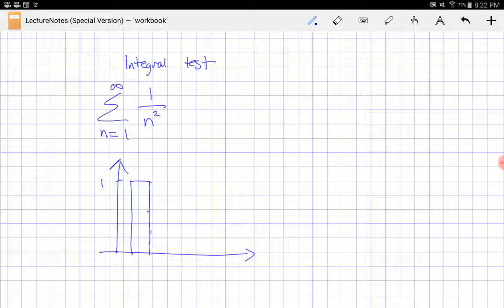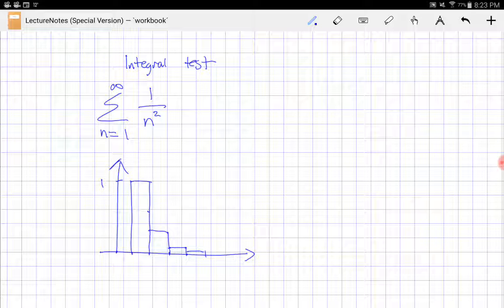I'll try to draw this more to scale. And when n is 3, this is like an eighth, and so on. So these are discrete values, and this is what our series is. We're adding discrete values to each other.